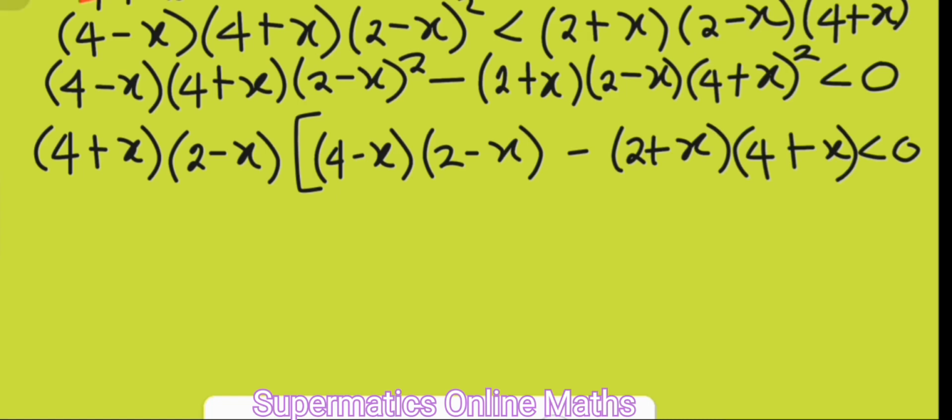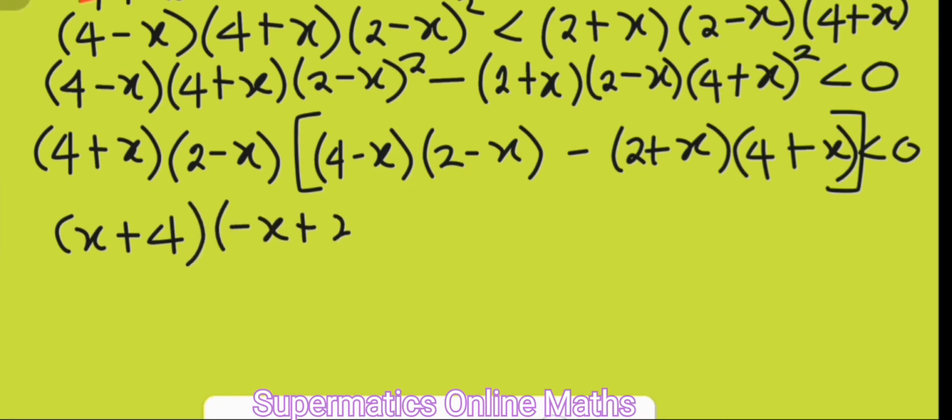We open the brackets which are in the big bracket. Then 4 + x, we are going to write it as x + 4. 2 - x is written as -x + 2.